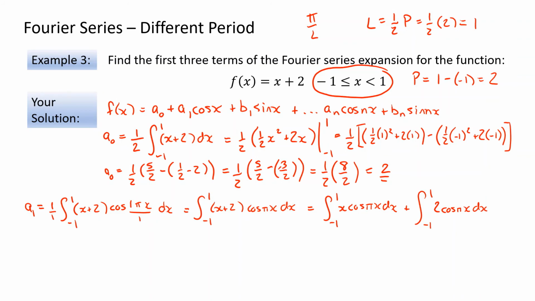Again, for the third time, you see that we have an x and a trigonometric function. So you know that one of these you will have to do integration by parts. So to do that, again, we're going to take u is equal to x. So du is equal to dx. dv is the trigonometric function, cosine pi x dx.